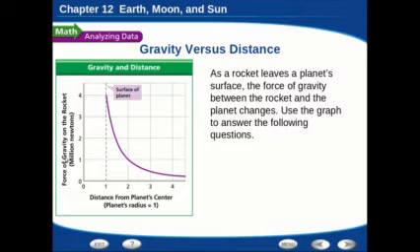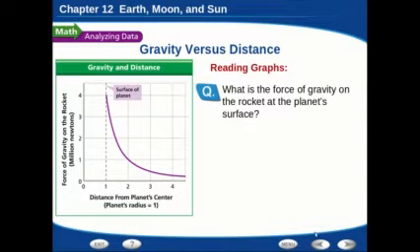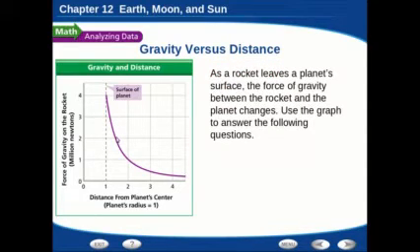So remember, our y-axis is showing us the force of gravity from that planet. So as that rocket takes off and it gets twice as far from the center as it was when it was resting on the surface, it started off with 4 million, then 3 million, then 2 million. Now it's at 1 million newtons.